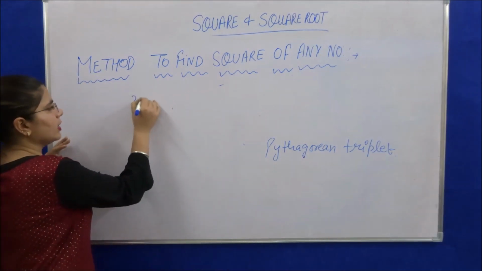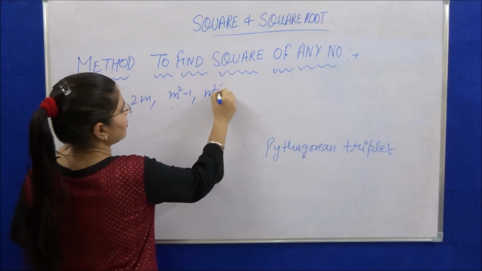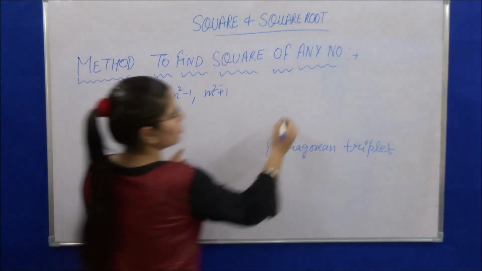The Pythagorean numbers are 2m, m square minus 1 and m square plus 1. This is basically derived from the Pythagoras theorem.